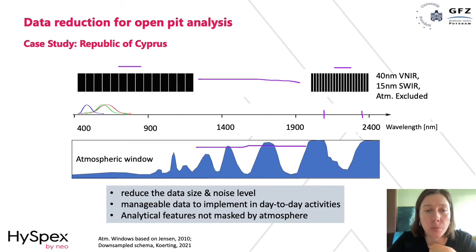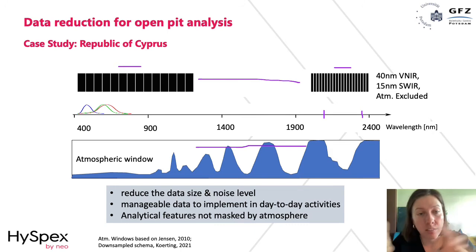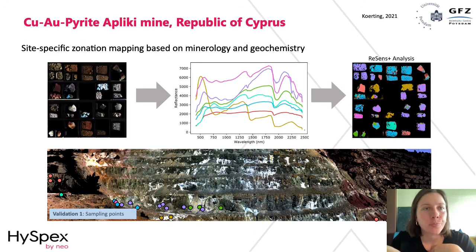But a lot of it will be covered along those edges with the atmosphere. And I did this data reduction not only to reduce the data size and the noise level, but to make this data more manageable to implement in possible day-to-day activities. And then I wanted to look at the possibility to just look at the analytical features without having this influence of the atmosphere.